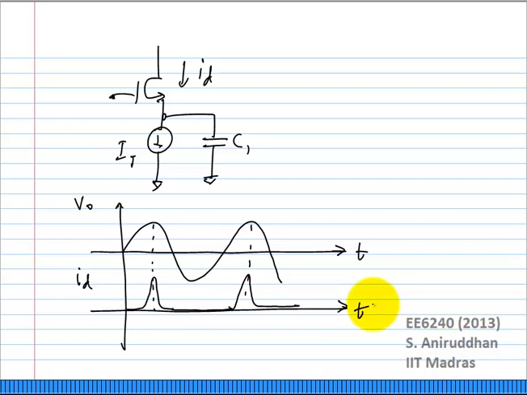And at all other times the current through the transistor is zero. In fact, what you call the bias current is the average value of this current spike.